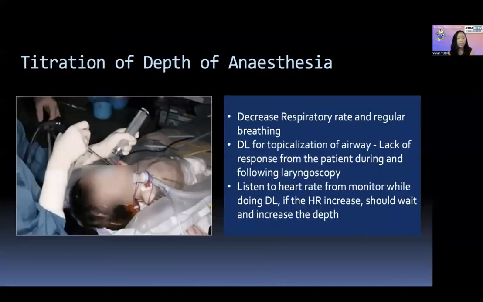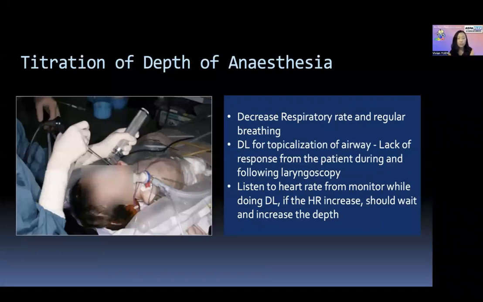During anesthesia with a patient in spontaneous breathing under TIVA, how do I gauge the depth of anesthesia? Usually when the kids are deep enough, they would have decreased respiratory effort and their breathing becomes regular. They will allow you to intervene, perform direct laryngoscopy for topicalization of the airway without reacting or complaining.